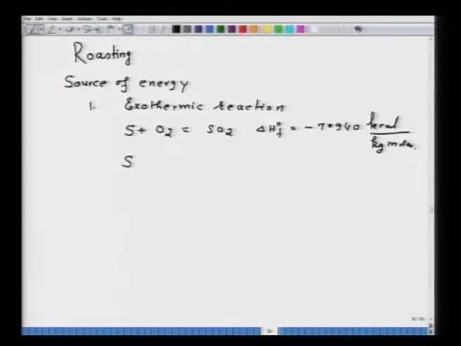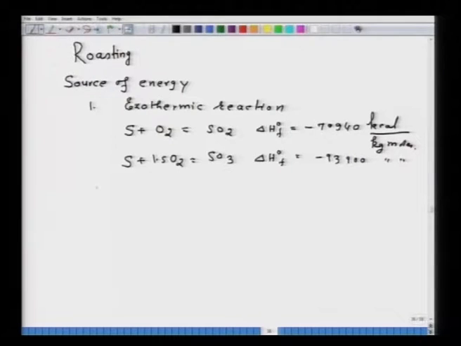Or it is also possible formation of sulfur trioxide, where delta H0f is equal to minus 93,900 kilocalorie per kg mole.